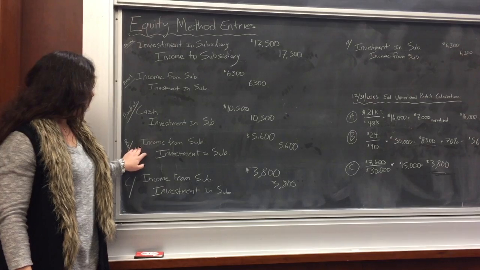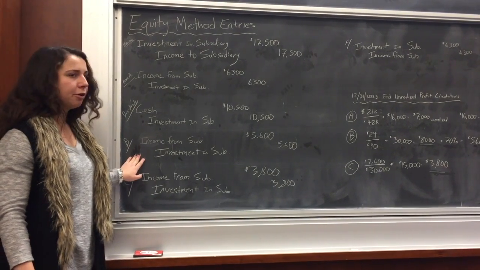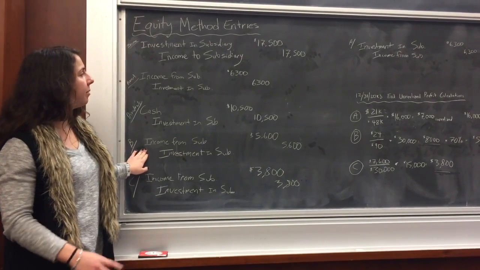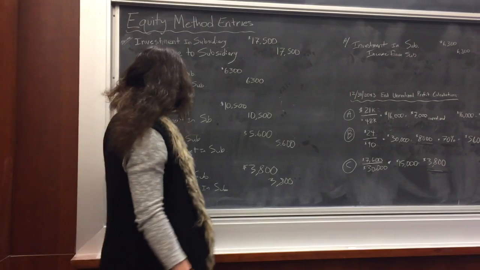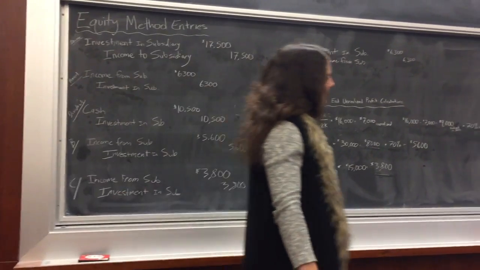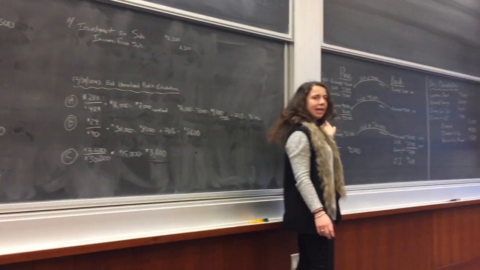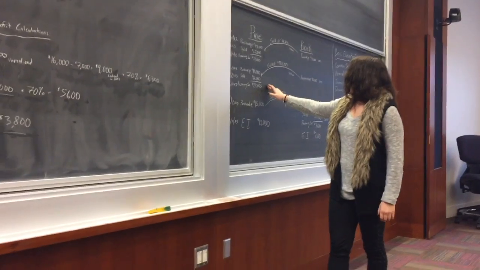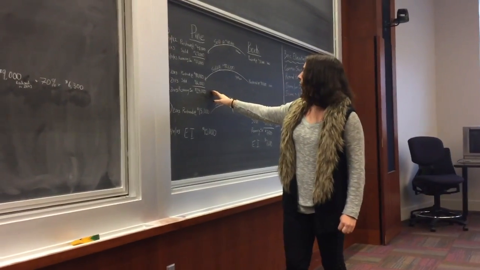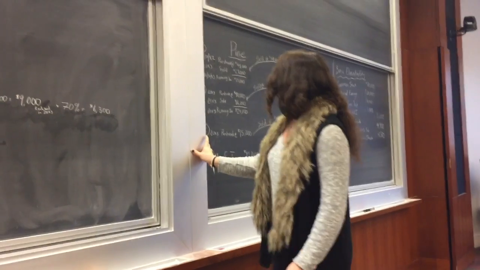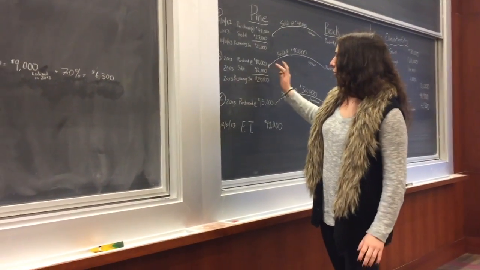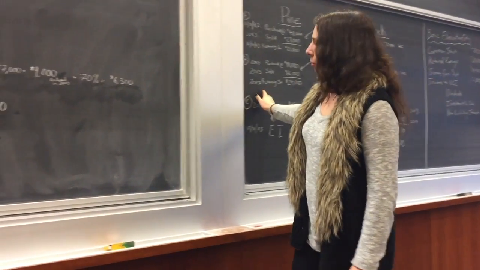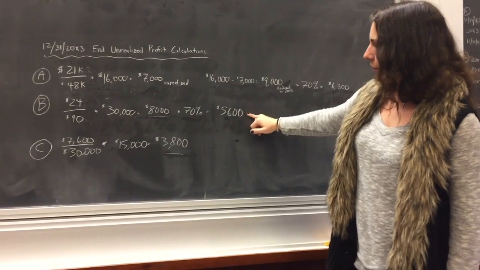And then we deferred the gross profits from the intercompany transfers. For the first purchase in 2003, the upstream purchase, where Bob sold inventory to Pine for $90,000, Pine had unrealized profits at the end of the year of $5,600.